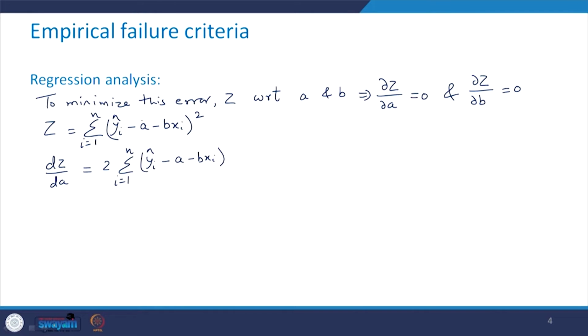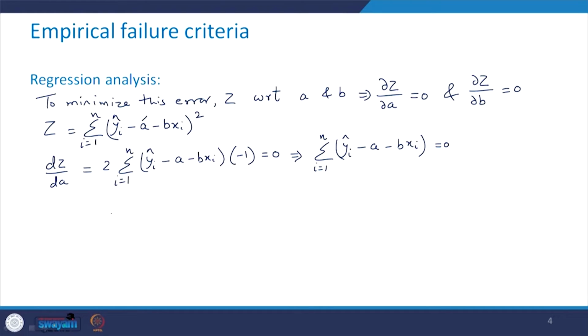and for this minus a I will be getting one negative term, and then we need to make it equal to 0. So what I am going to get from here is summation i equal to 1 to n, yi cap minus a minus b xi, this is going to be equal to 0. So you just split this up further.